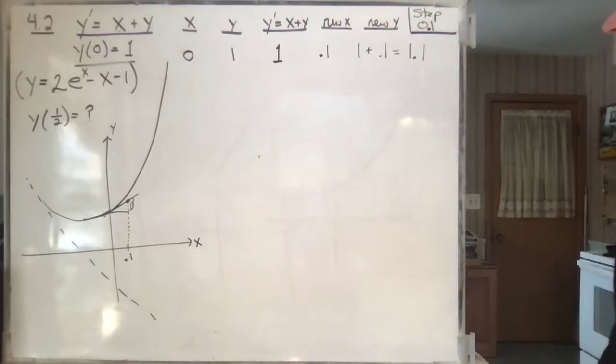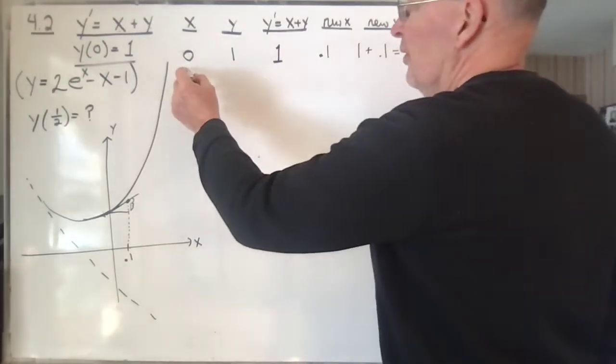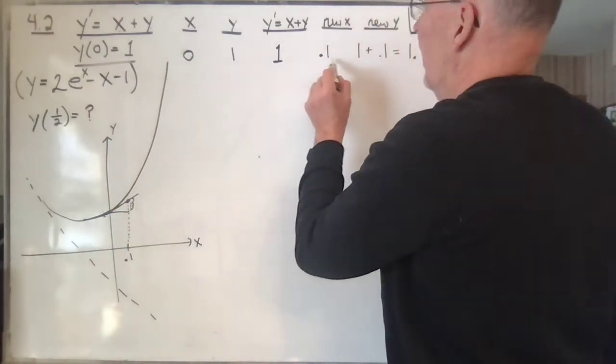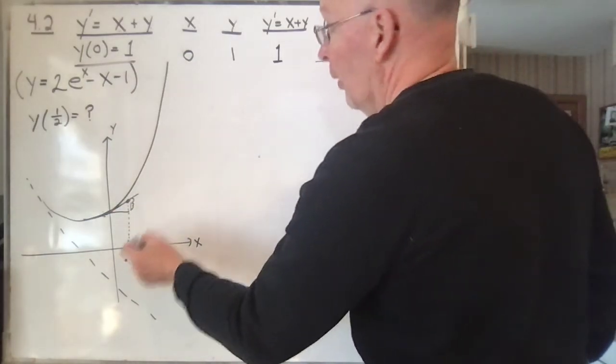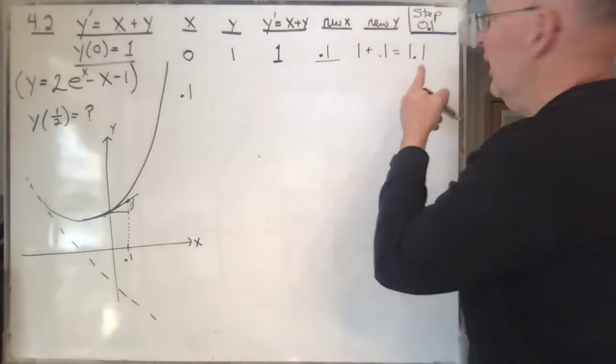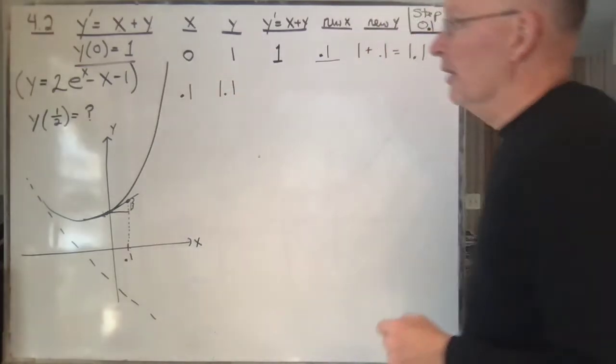We do the same thing. We say, okay, now what point are we starting at now? We're starting at 0.1 for the x, and the y value now is going to be 1.1. Okay?